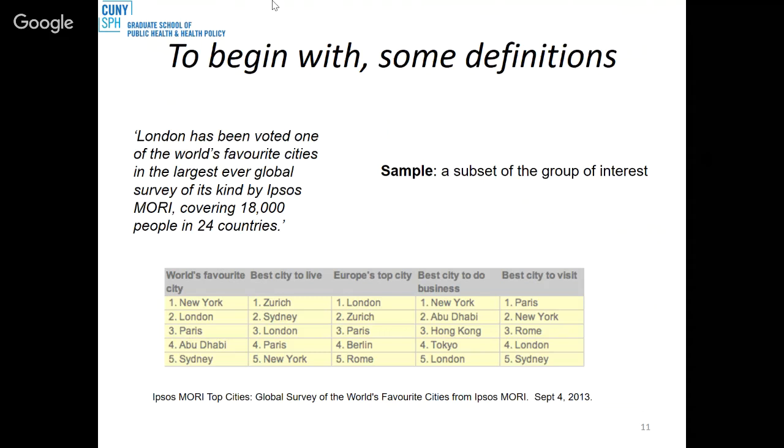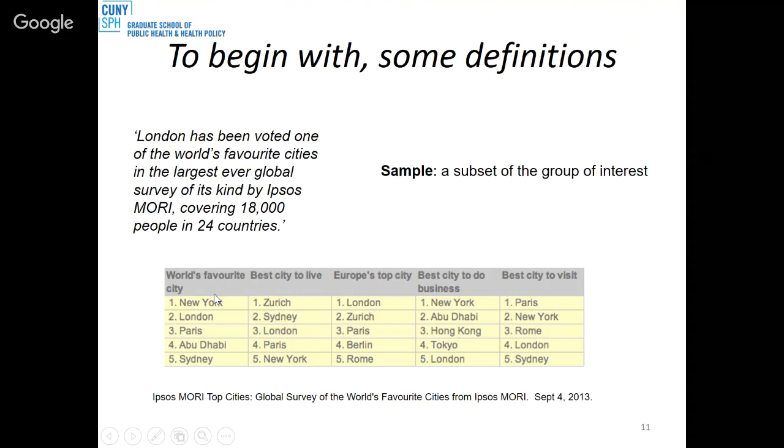You look doubtful. Yeah, I mean, a lot would depend on how these 18,000 people were sampled. If they put a web page on the internet and let it spread by Twitter, then there's going to be a lot of questions about the validity and the representativeness of this sample.